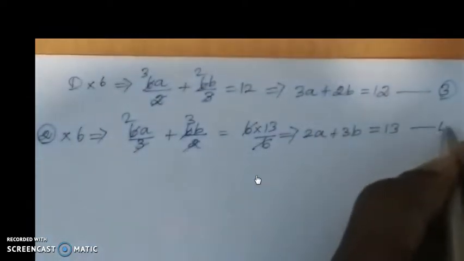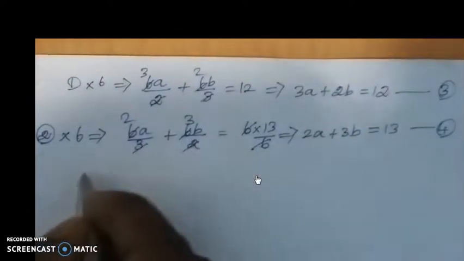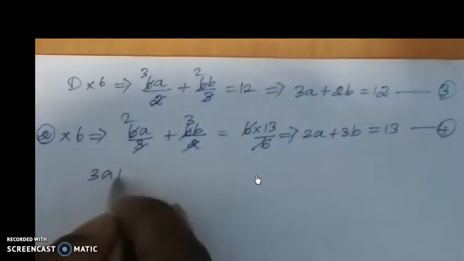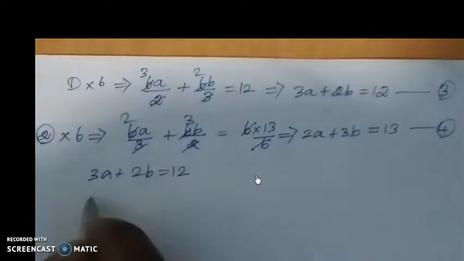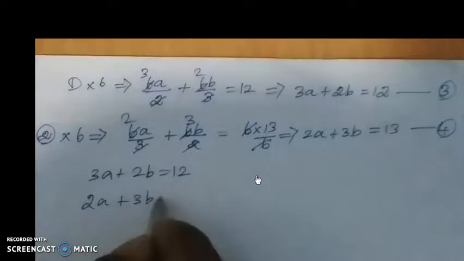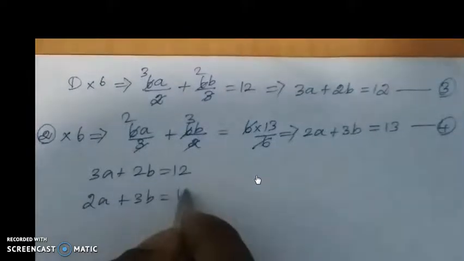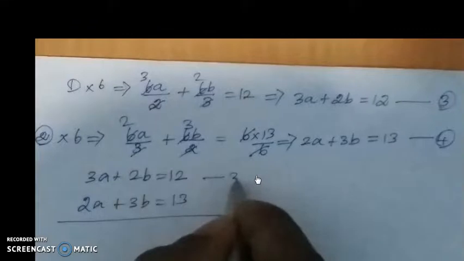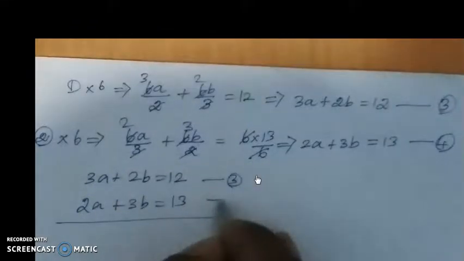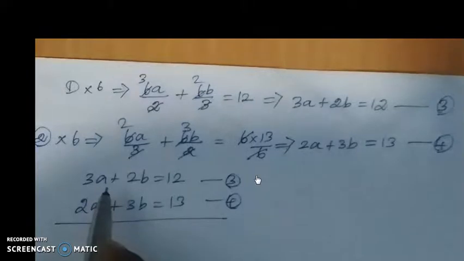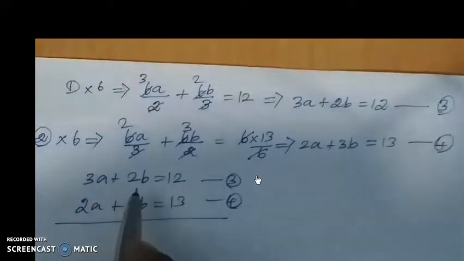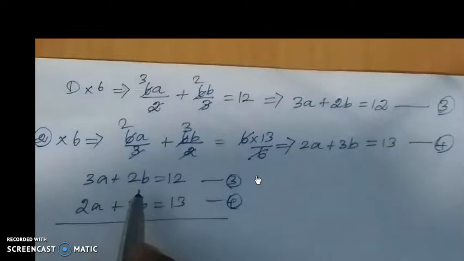So that is equation number 4. So 3a plus 2b equal to 12 and 2a plus 3b equal to 13. So now these are the two equations, equation 3 and equation 4, and they have integer coefficients as well as being linear equations, right? Now we are going to solve these two equations by linear method.